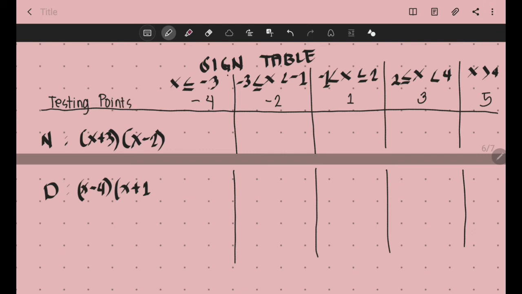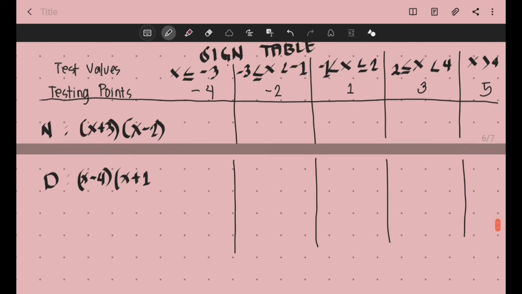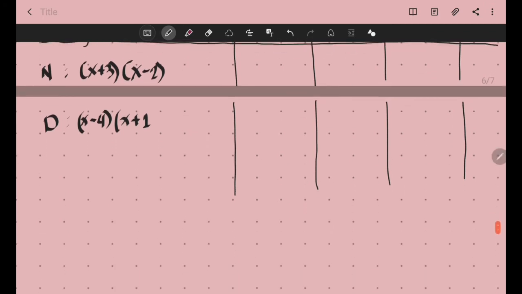Or pwede rin natin silang tawagin bilang test values. Sila kasi ang magte-test dun sa ating numerator and denominator. So ano ang gagawin natin? Isa-substitute natin yung nakuha nating testing points dun sa ating numerator and denominator. So let us have negative 4 for our numerator.